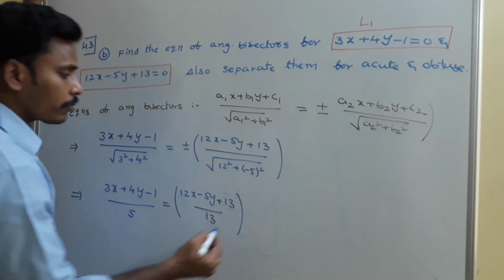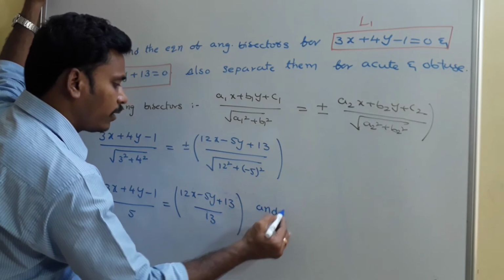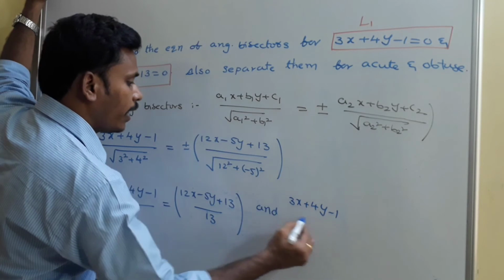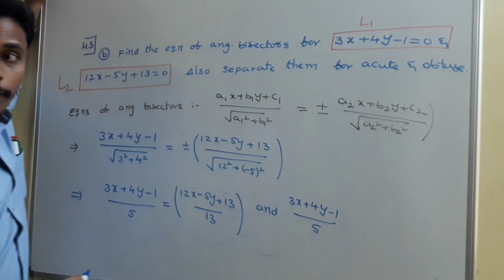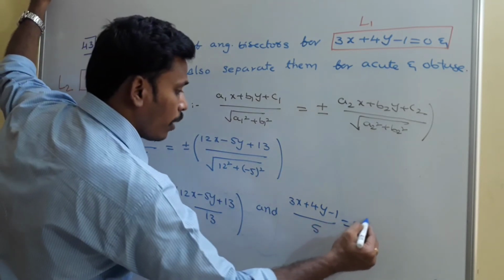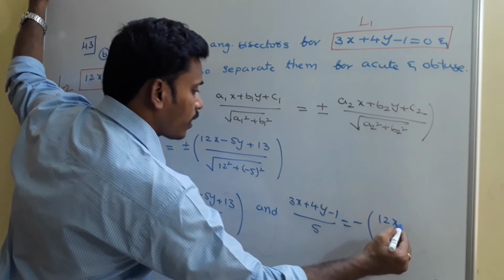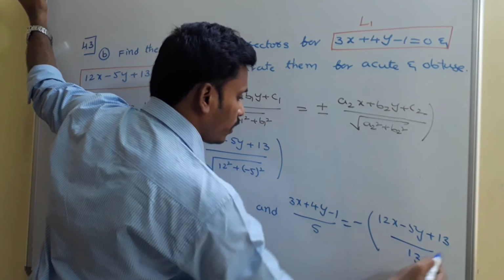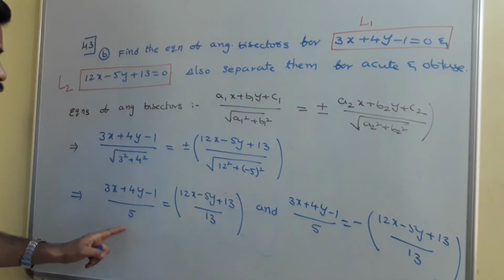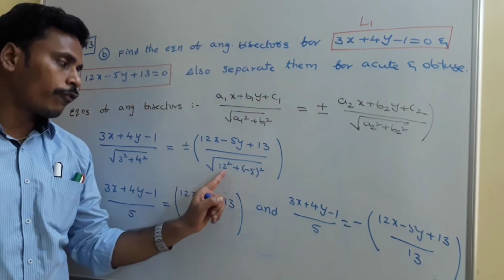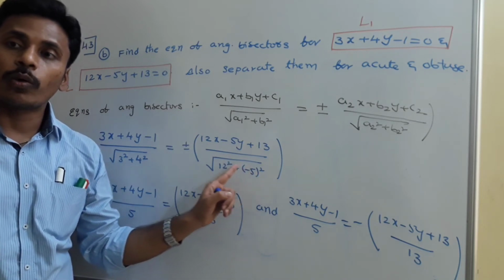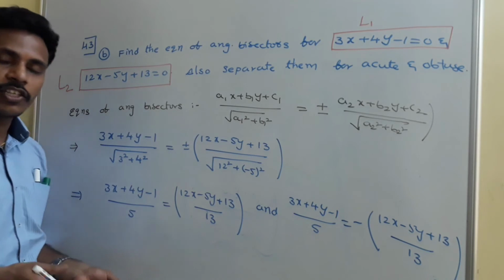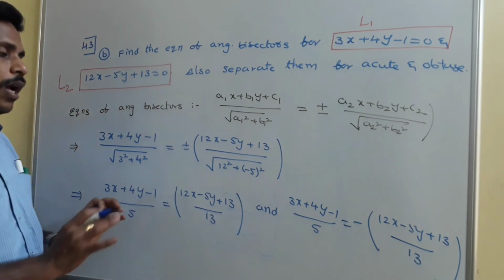With minus sign, 3x plus 4y minus 1 divided by 5 equals minus of 12x minus 5y plus 13 divided by 13. The denominators are 5 and 13: 144 plus 25 is 169 and root 169 is 13, and 9 plus 16 is 25 and root 25 is 5.